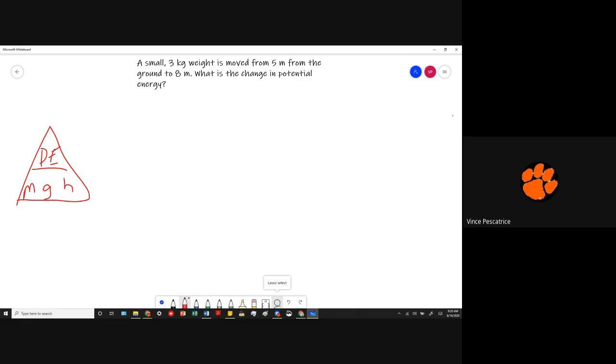What is the change in potential energy? So it's trying to find the difference in potential energy if I moved it from 5 meters to 8 meters. But the mass stays the same.